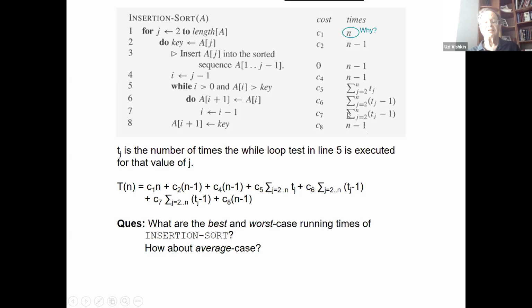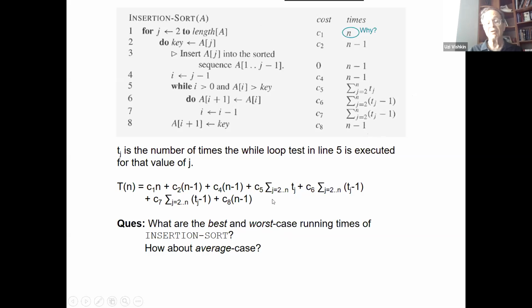In any case, the observation here is that this T of j is always upper bounded by this value j, and for that reason, it is not difficult to observe that this algorithm is quadratic, because in the worst case, which is the only way we are allowed to reason about it, it can be n squared.